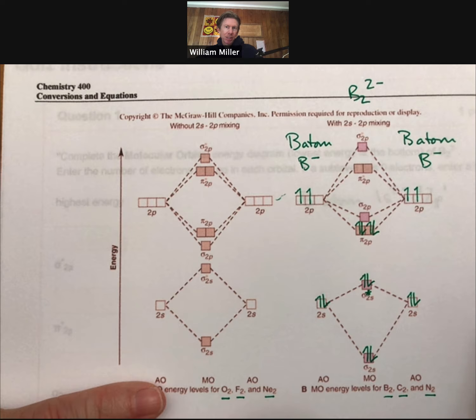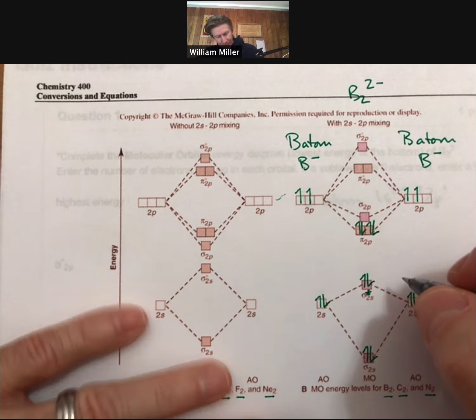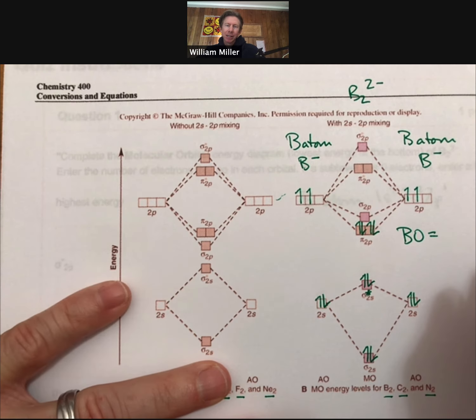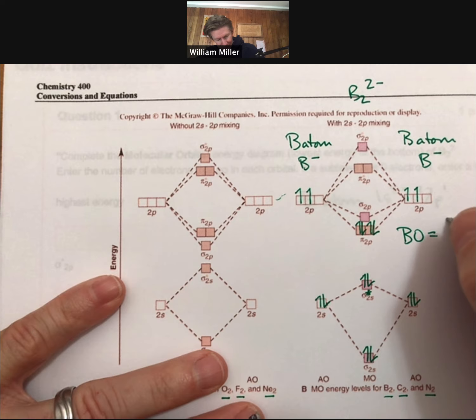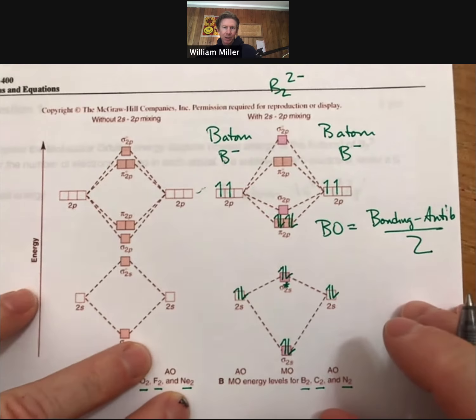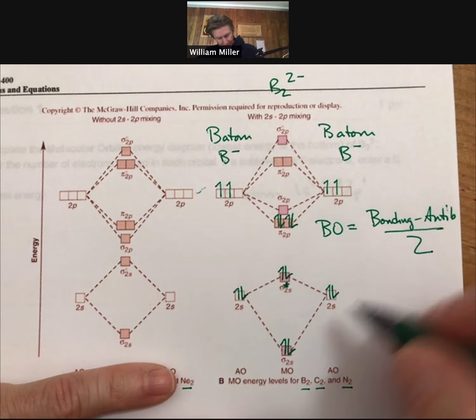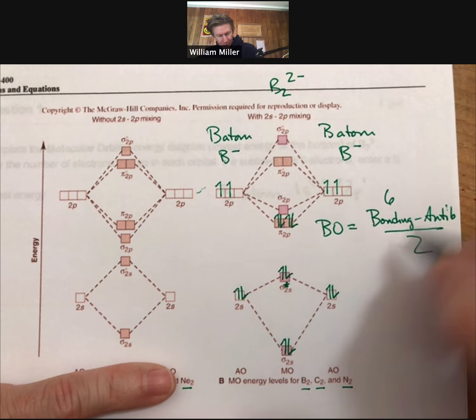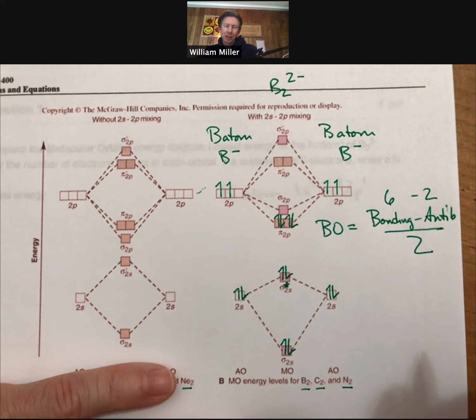Though the question does not ask it, let's go ahead and do it. The bond order for molecular bonding is bonding electrons minus anti-bonding electrons, over 2. We have 2, 4, 6 bonding electrons and only 2 anti-bonding electrons.